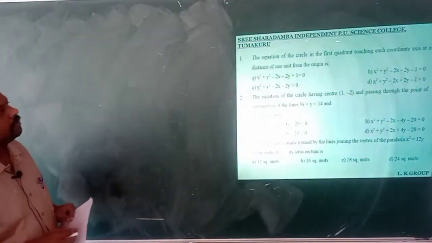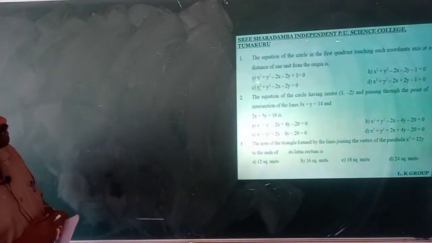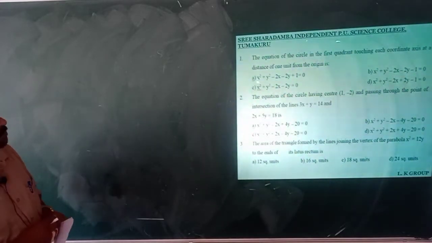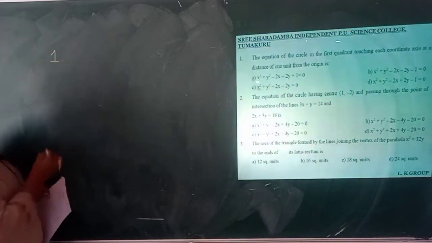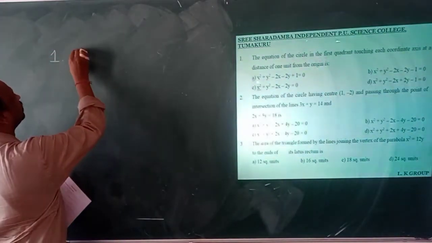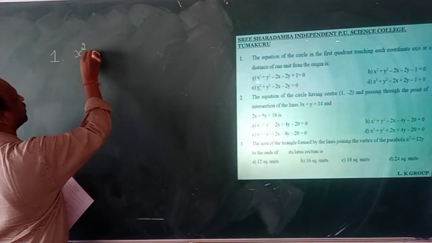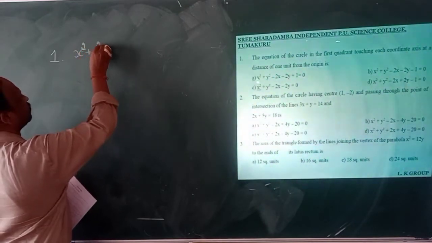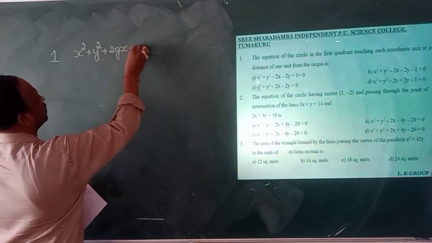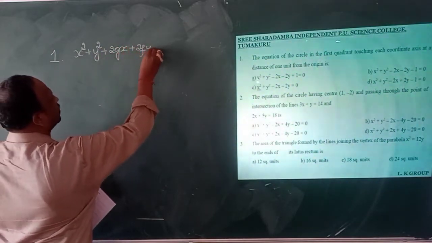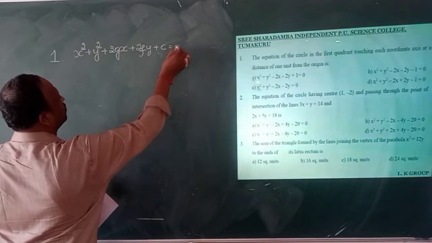Question number 1. The equation of the circle in the first quadrant touching each coordinate axis at a distance of 1 unit from the origin is. Before going to the first question, the general equation of a circle is given by x square plus y square plus 2gx plus 2fy plus c is equal to 0.